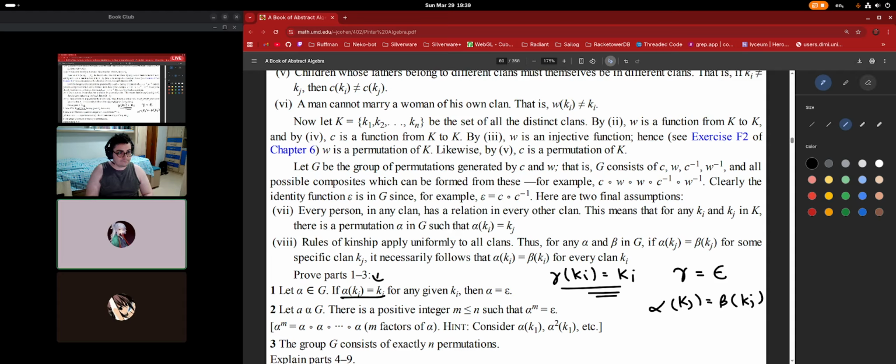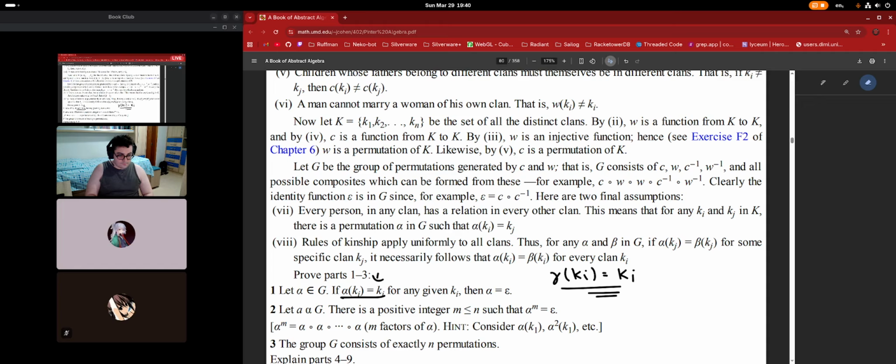It's because we're taking 8 as a ground truth, and doing what you say directly contradicts 8. What 8 says is that a gamma would have to be applied to every clan. Doesn't mean a gamma is epsilon. No, no, no. It means for any alpha and beta, no matter what they are, if they are equal at one point, then they are equal in general.